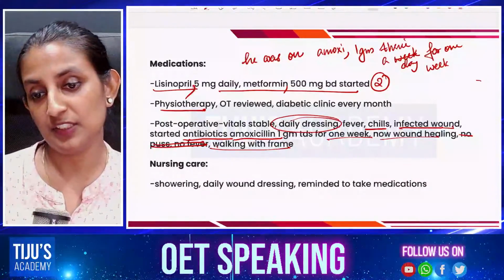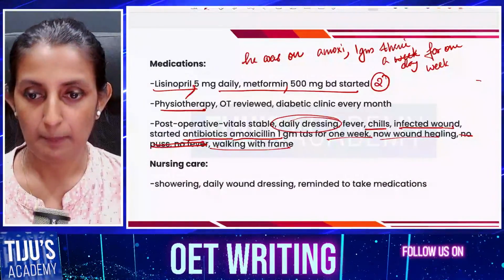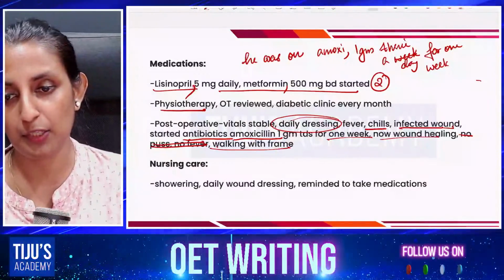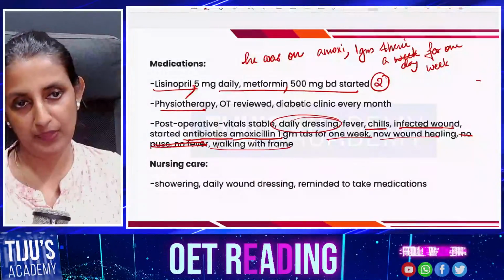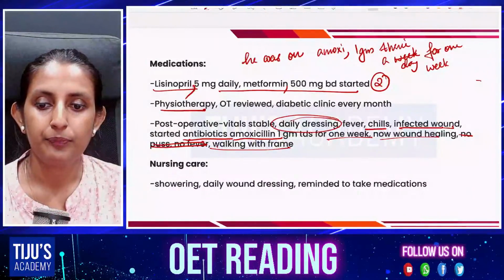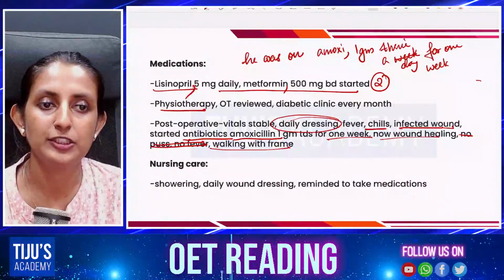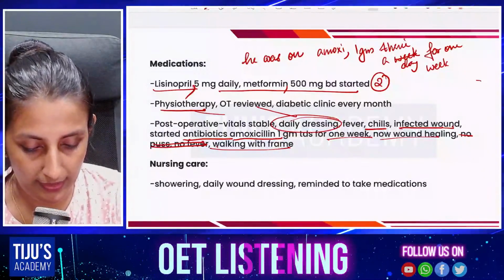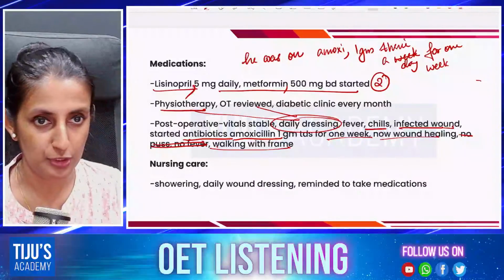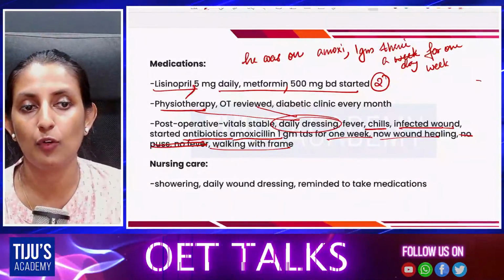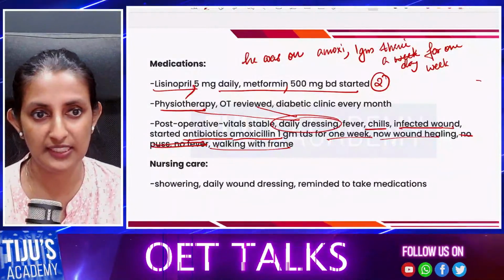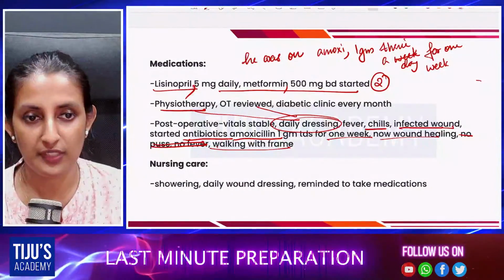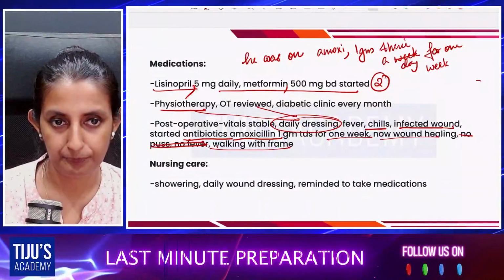He was commenced physiotherapy എന്ന് പറയില്ല, ബിക്കോസ് ഫിസിയോതെറാപ്പിസ്റ്റ് വിൽ ബി തെറാപ്പീസ് വരുമ്പോൾ നമ്മൾ എന്തേ പറയുള്ളൂ? ഹീ കമ്മൻസ്ഡ് ഫിസിയോതെറാപ്പി എന്നേ പറയുള്ളൂ. ഓക്കെ, so he had physiotherapy and occupational therapy review along with daily dressing. ഇത് മൂന്നും കൂടെ നമ്മൾ എന്ത് ചെയ്തു? കണക്ട് ചെയ്തു. മെഡിസിൻസ് എല്ലാം കൂടെ ഒരുമിച്ച് പറഞ്ഞു. ഫിസിയോതെറാപ്പി, occupational therapist review, daily dressing എല്ലാം കൂടെ ഒരുമിച്ച് പറഞ്ഞു. സോ കറൻ്റ്ലി ഹി ഹാസ് മെയ്ഡ് ഗുഡ് പ്രോഗ്രസ് ആൻഡ് വാക്സ് വിത്ത് എ ഫ്രെയിം എന്ന് നമ്മൾക്ക് പറയാം.